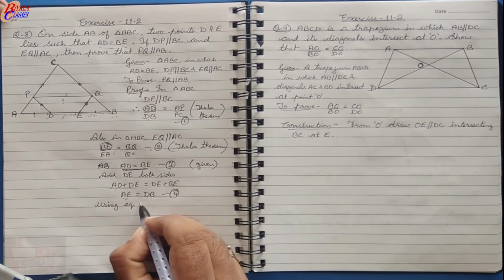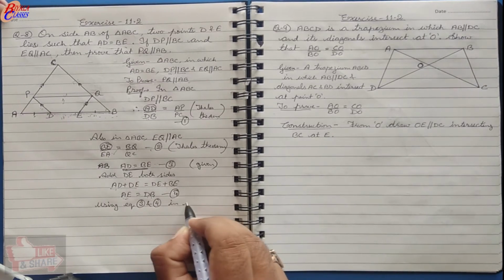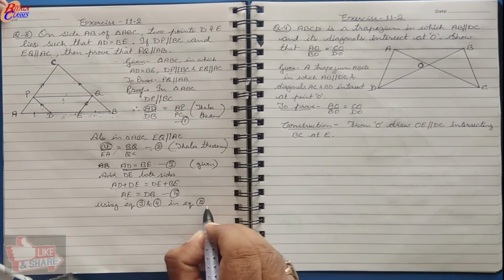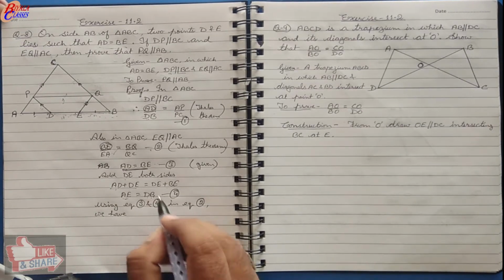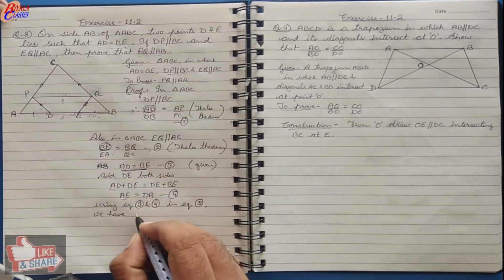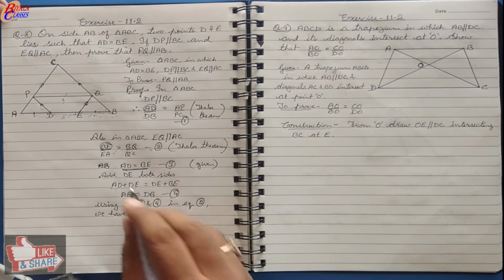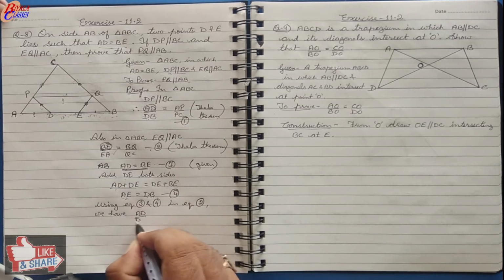Using equations 3 and 4 in equation 2, what do we get? BE will be replaced with AD, and EA will be replaced with DB.